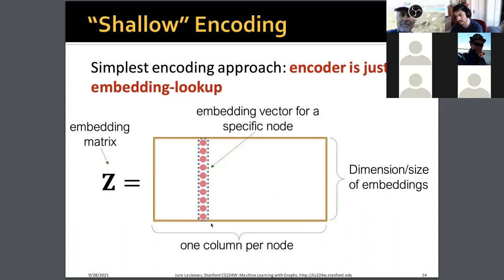When we want to pull out the representation for an individual node, we would just say, oh, this is node 100, so pull column 100 out of this big matrix. All of them are learned independently. It's just one matrix. There's not really any representation or interaction between them. They're all unique.